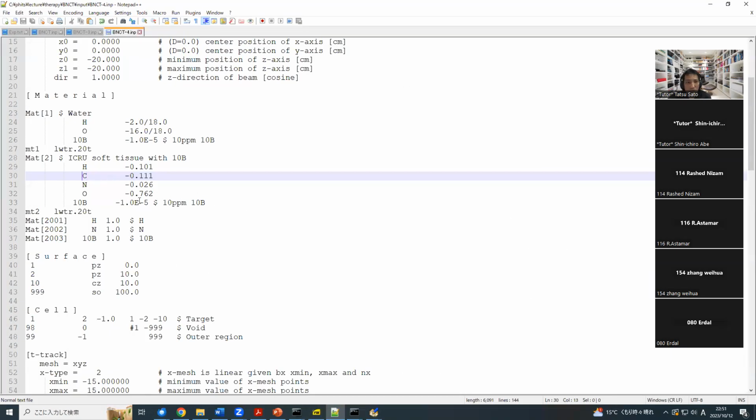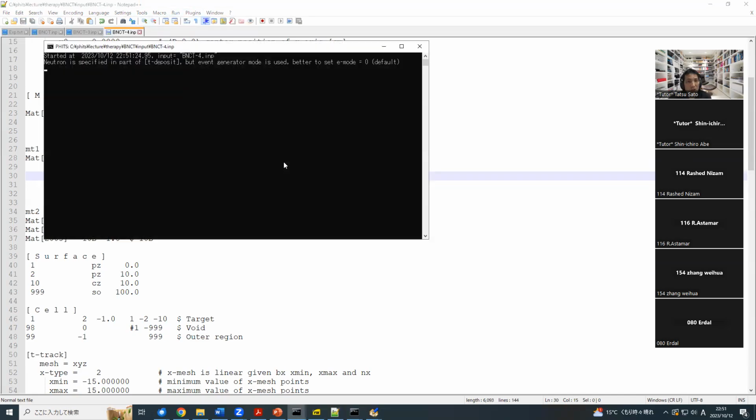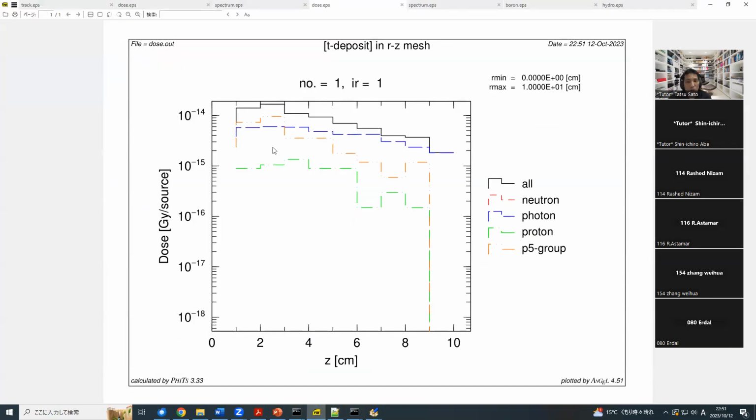But if we add 12 here, we got a proper result. So we will check the reason of this bug more precisely and what condition makes this bug. But anyway, please remember that carbon is better to be specified by carbon 12 instead of just C.